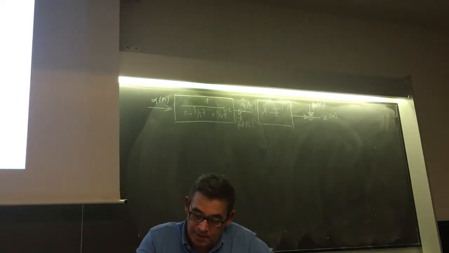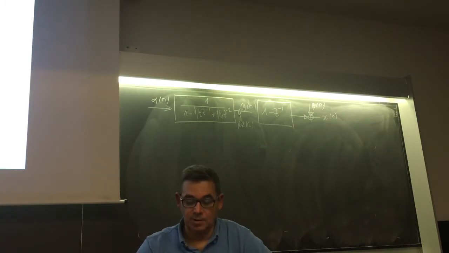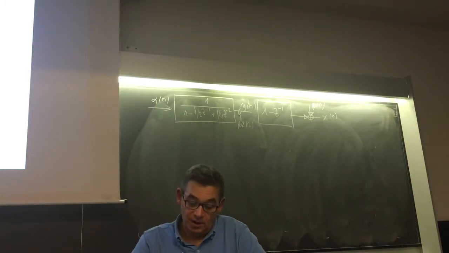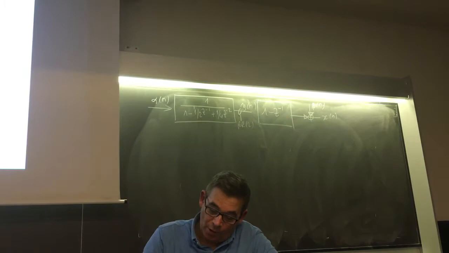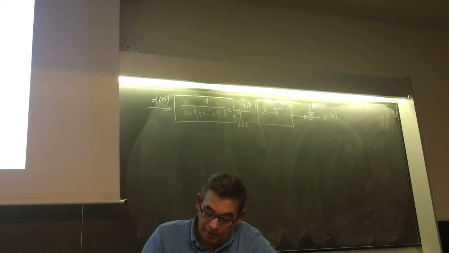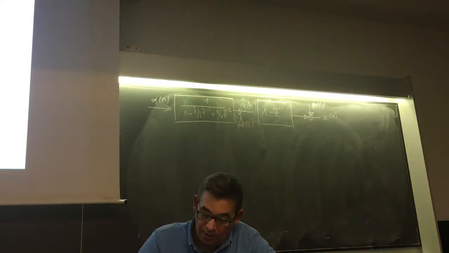Okay, so this is the Euler-Walker. Now let's apply that. I start writing R0 minus 1/2 R1 plus 1/4 R2 equal 1.